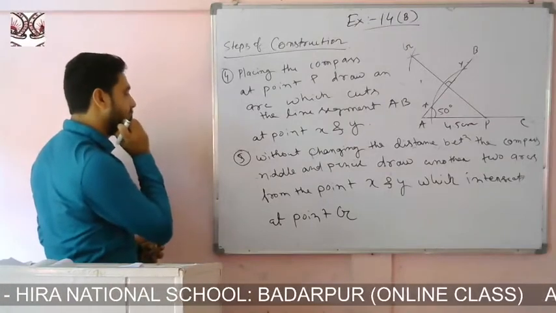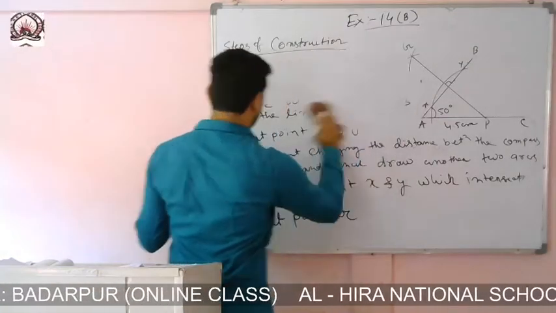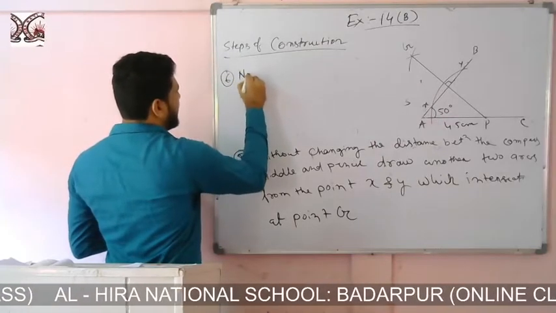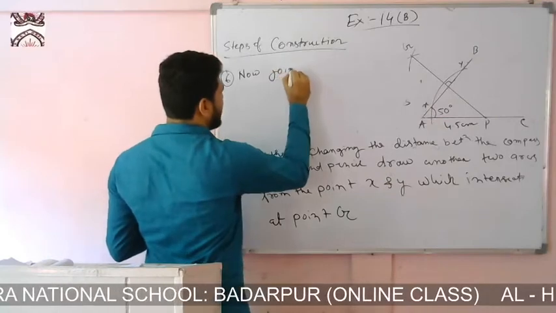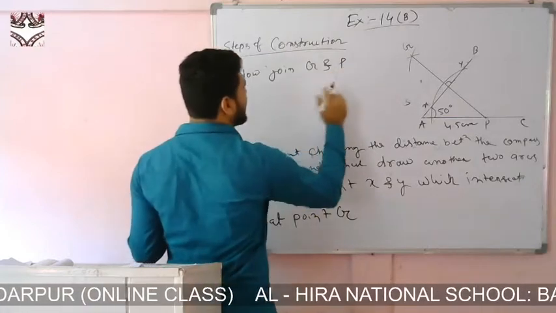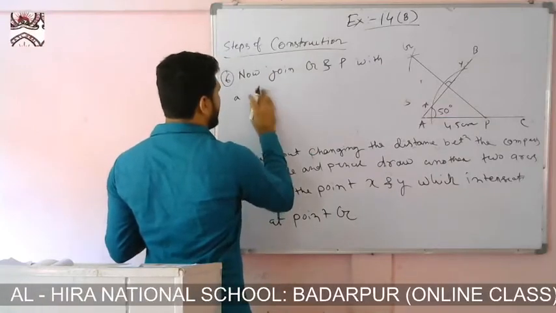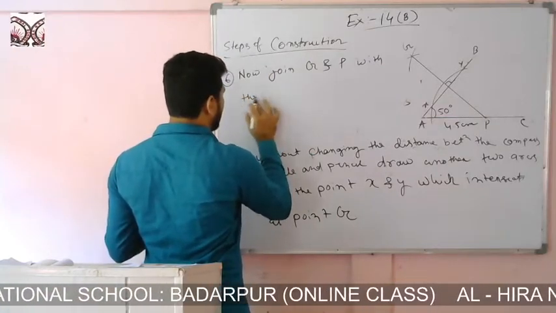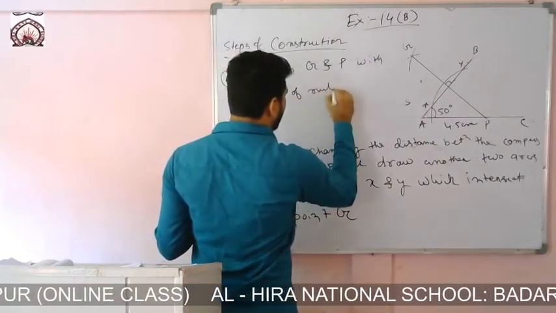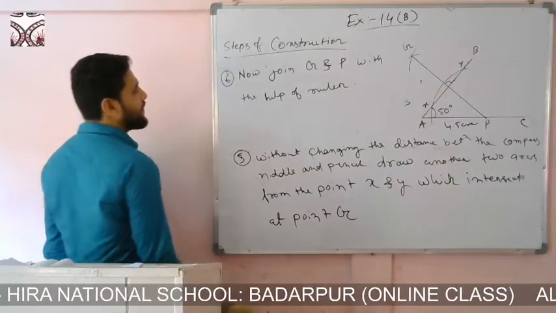Now write step number 6. Now join G and P with the help of a ruler.